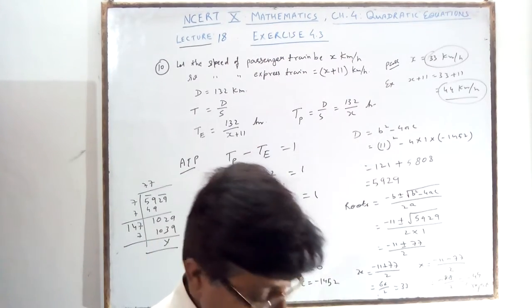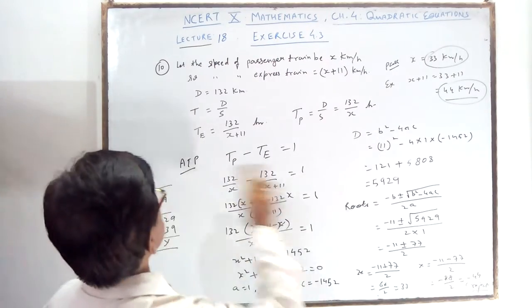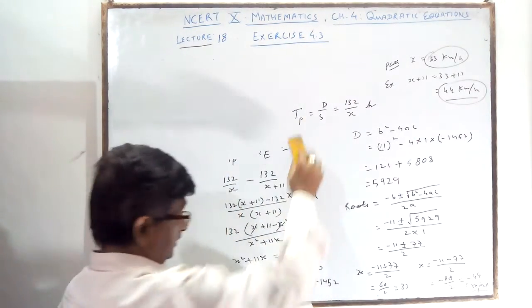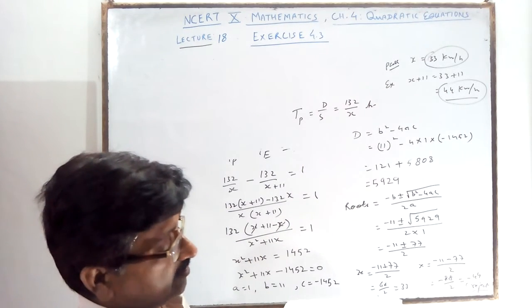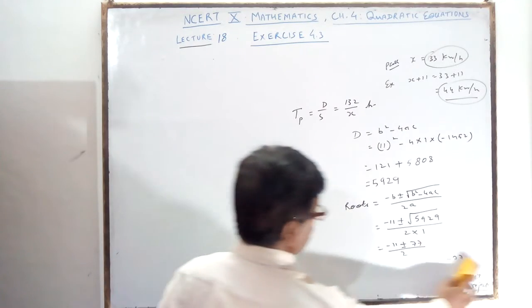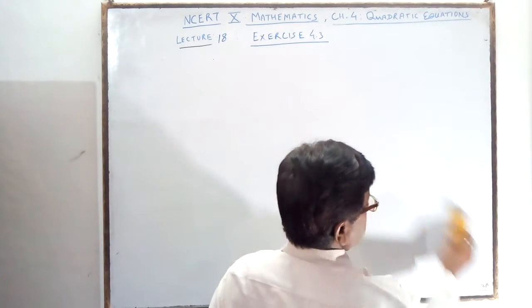Now we will see question number 11. Sum of the areas of two squares is 468 meter square. In a square all the sides are equal, we know it.